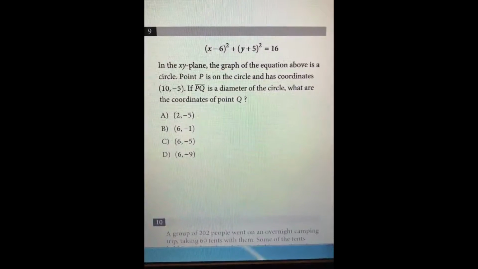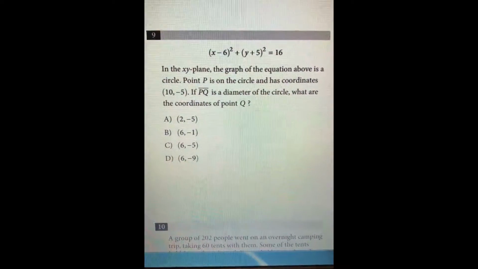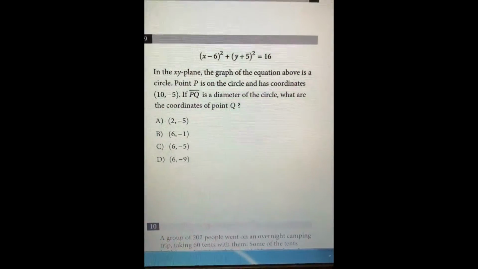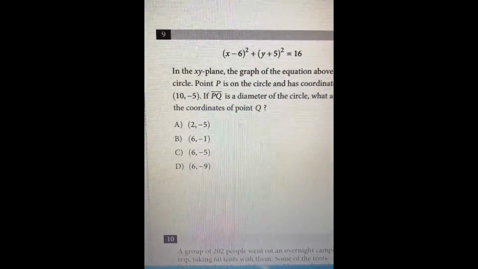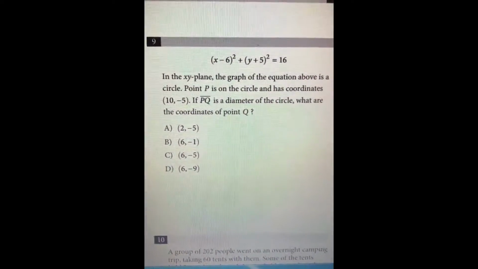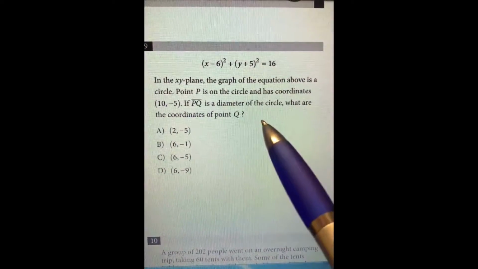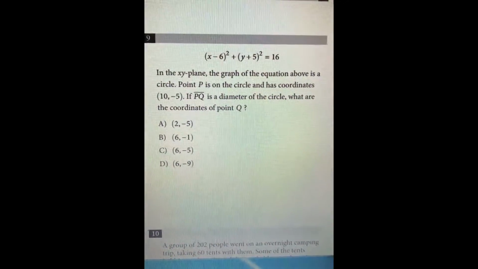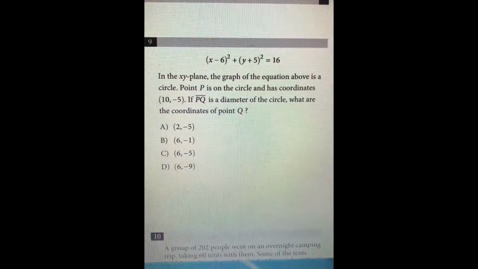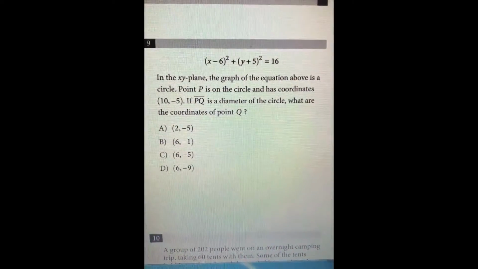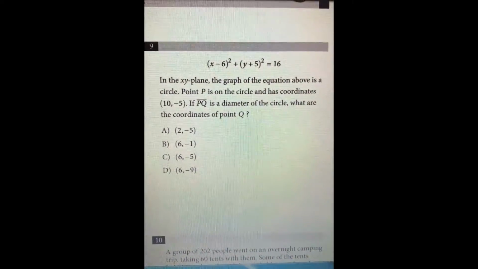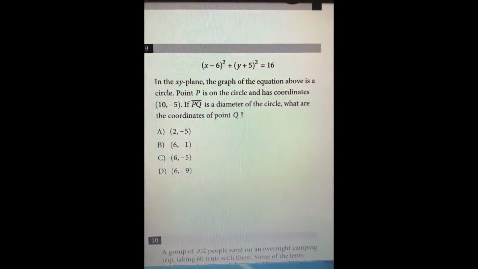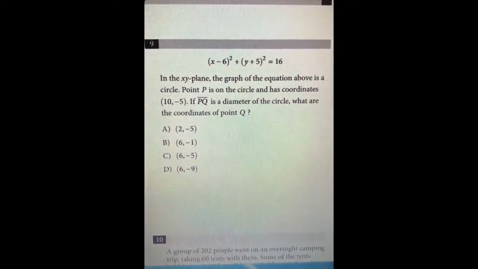If you look at a problem and you have absolutely no idea how to do it, skip it and move on. For example, this question. I don't think I learned this until pre-calc, and there's no solving about it. It's just testing if you know how to read the equation of a circle.